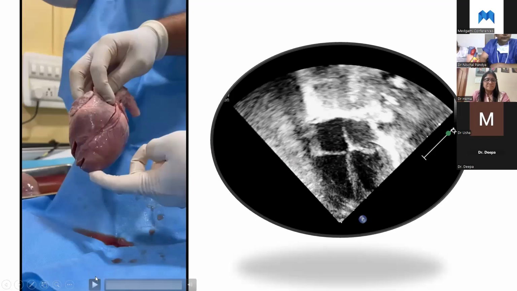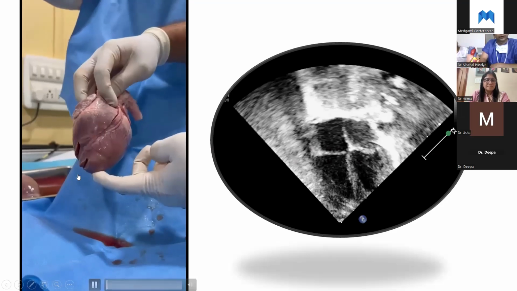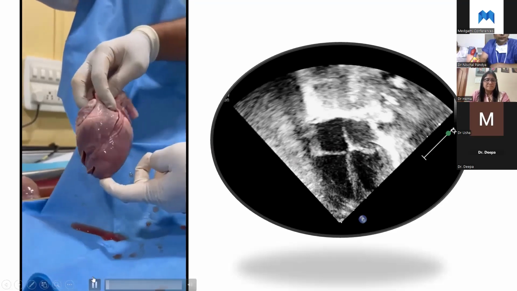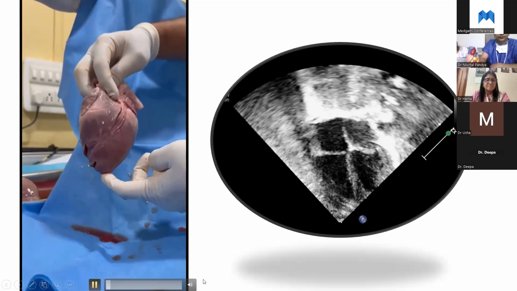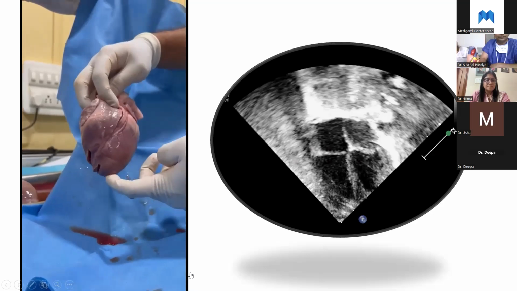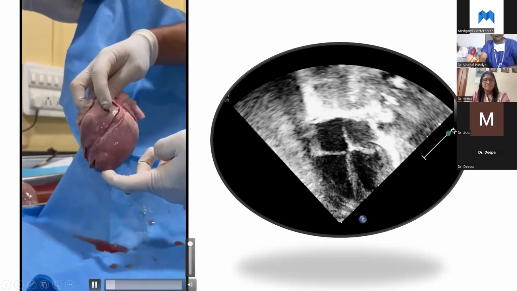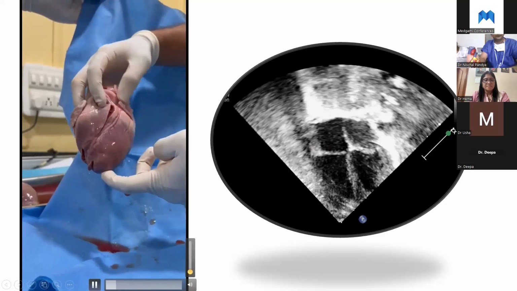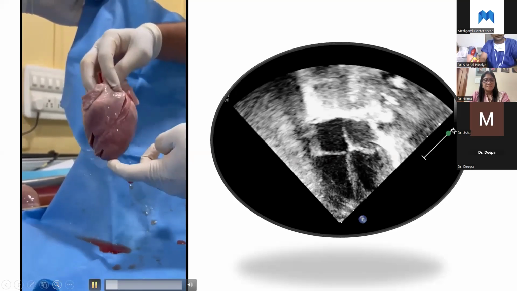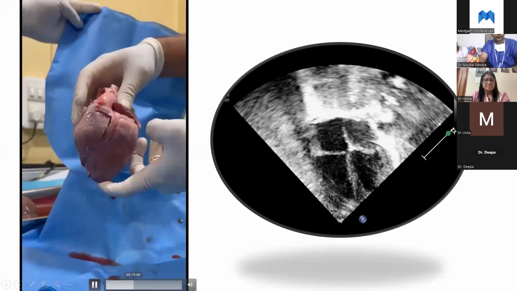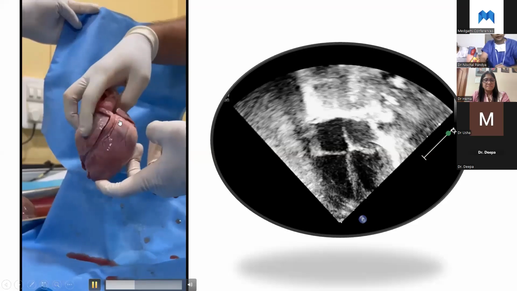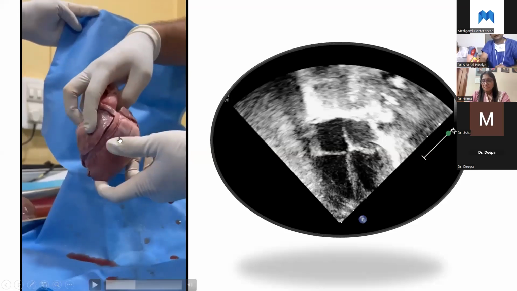Posteriorly, when we turn it around, this is the cross anatomy of the heart. Again, the LAD with diagonal branches.